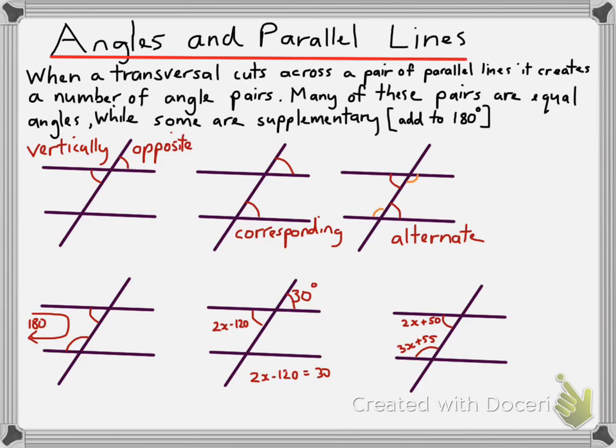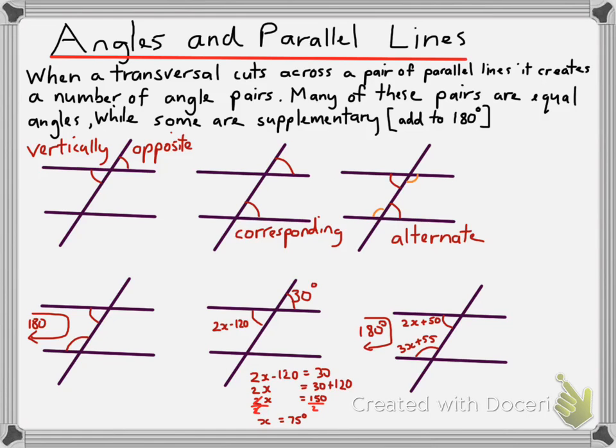To solve that equation, we need to take that minus 120 across to the right hand side of the equation, making it positive 120. And so we get 2x equals 30 plus 120, so 2x is 150, and then dividing both sides by 2 to make x the subject, we have x is 75 degrees.